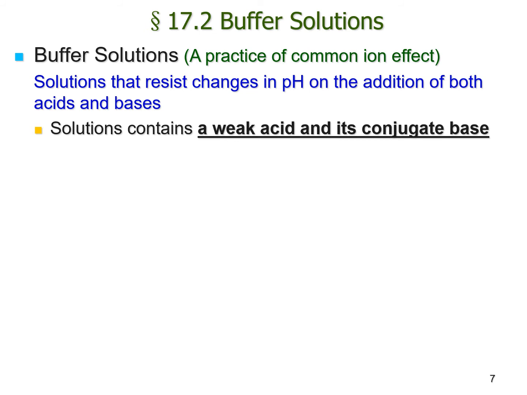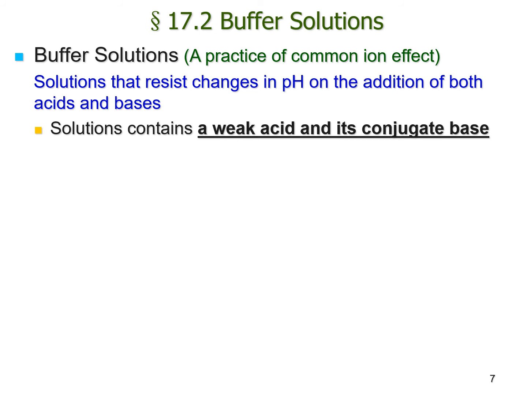So here I try to tell you that every buffer solution is an example of common ion effect. Vice versa is not true. Common ion effect does not have to involve a buffer solution. But a buffer solution is an example of a common ion effect. That is always true. So that means we can set up an ice table for a buffer solution for whatever problem we're going to see.